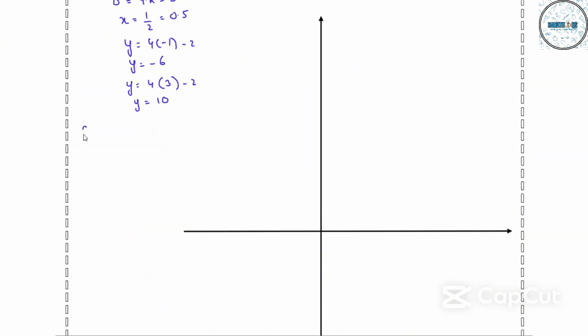For the graph of f of x, we have coordinates 0, -2, 1/2, 0, -1, -6, and 3, 10.